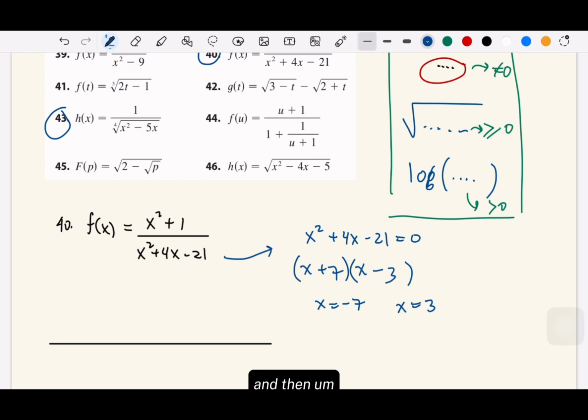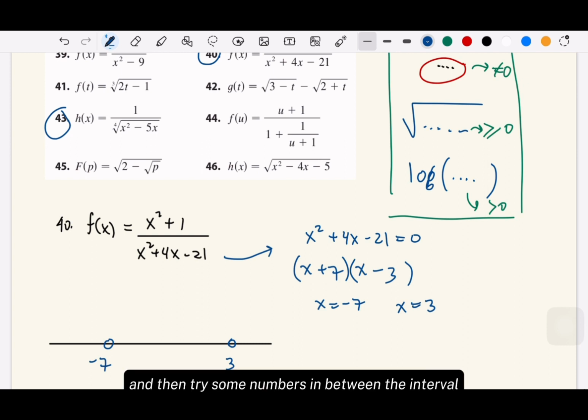Because it's not equal, we are going to have open points here at negative 7, and here at 3, and then try some numbers in the intervals.